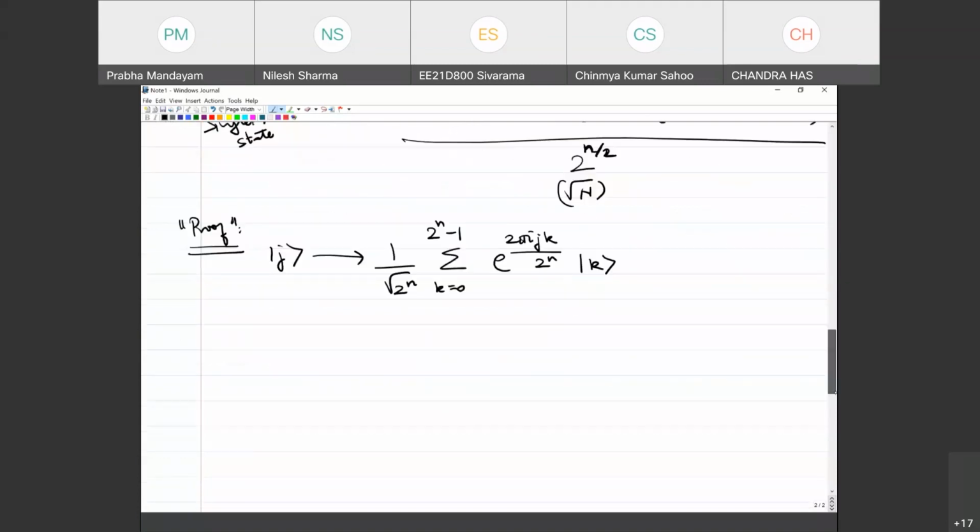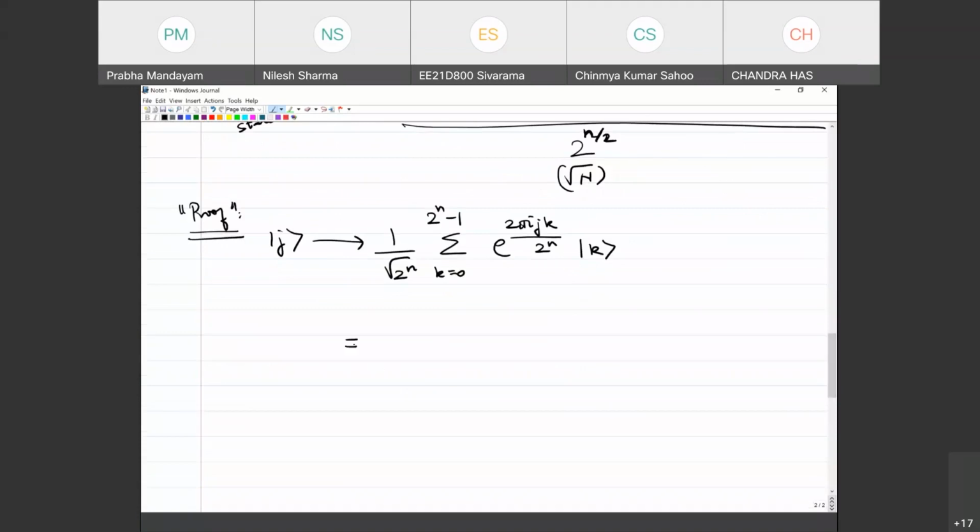So this becomes, so now note that you can write this as, so I'll write this right here, k going from 0 to 2 to the n minus 1, jk by 2 to the n. So this can now be written as k1, k2, etc., kn, right? This is another n bit string, this k, correct?